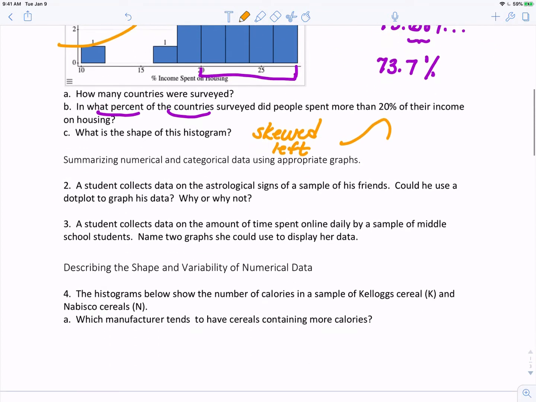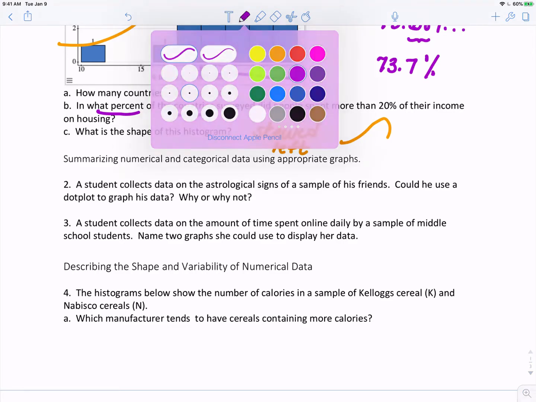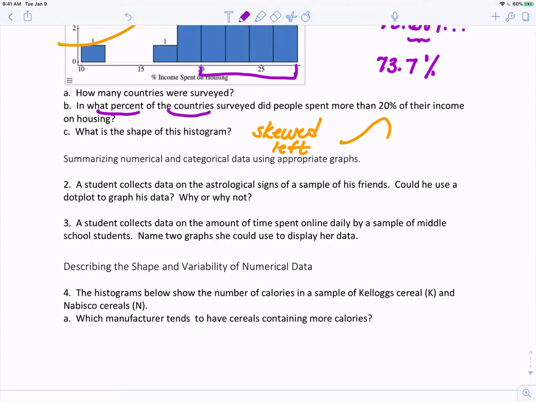All right, let's move on to the second one. A student collects data on the astrological signs of a sample of his friends. Could he use a dot plot to graph this data? Why or why not? So one of the things that's really important from this section is to know what kind of graphs you can use for what kind of data. So a dot plot can only be used if you have numerical data. And so you have to ask yourself, if we're looking at astrological signs, is that numerical?